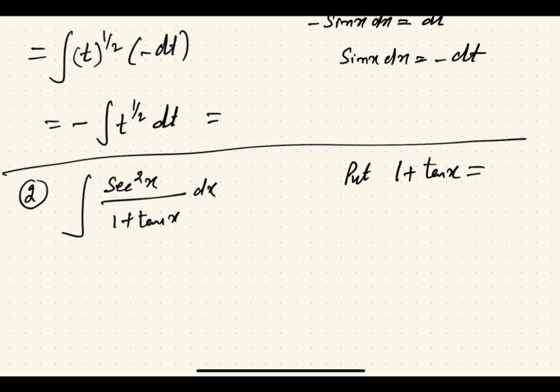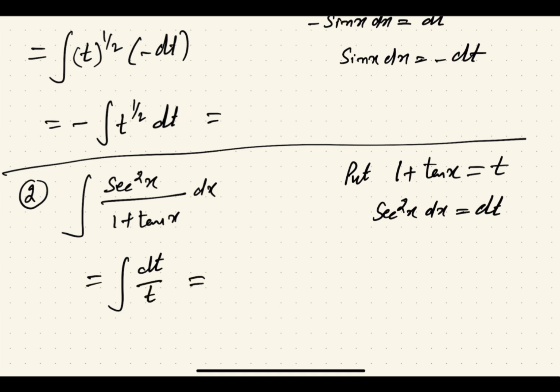That equals t, and the derivative of this is secant square x dx equal to dt, and this will be equal to the integral, and this will change into dt, and this one will change into t, and you will get dt over t.